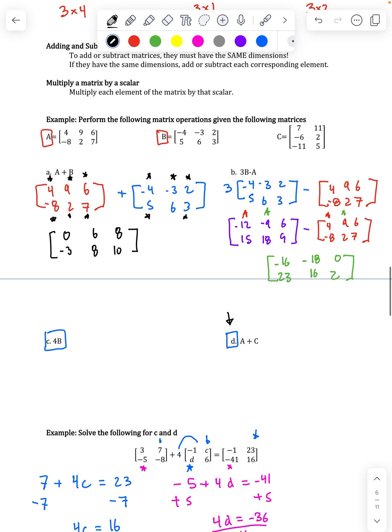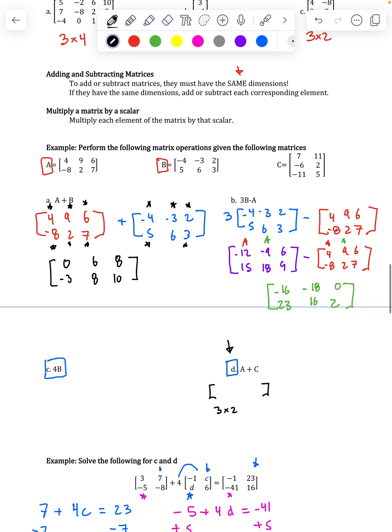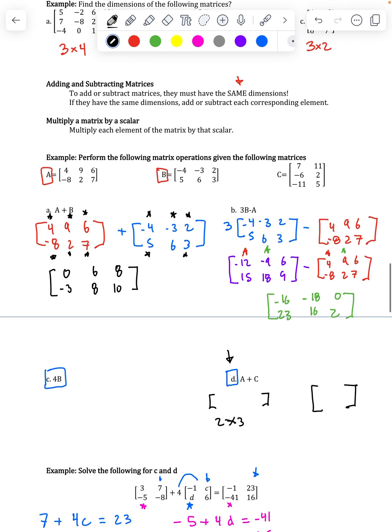Well, let's look at A. A is comprised of a 2 by 3, right? You can see A is comprised of a 2 by 3, and C is comprised of a 3 by 2.